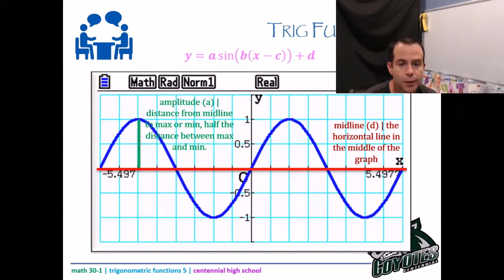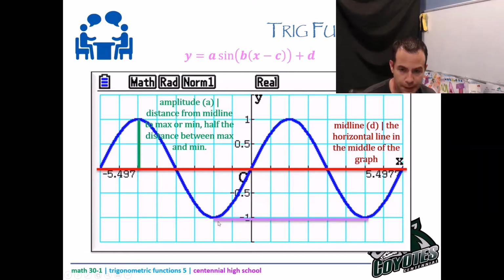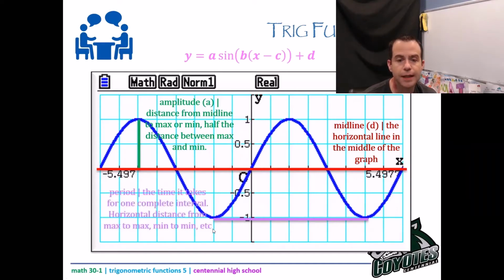Now, in the equation, so here's the period I gave you from minimum to minimum, okay? In the equation, that will relate to the b value, okay? So the period is the time it takes for one complete interval, horizontal distance either from max to max or from min to min, or I showed you, essentially I could go midline to the second midline, okay?